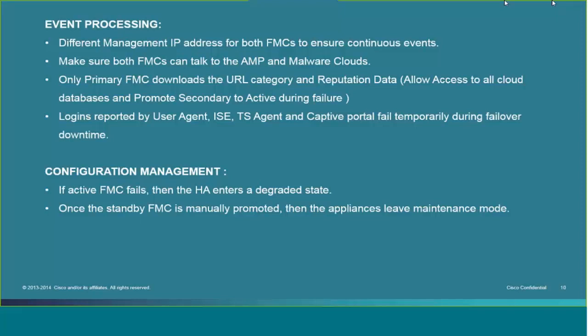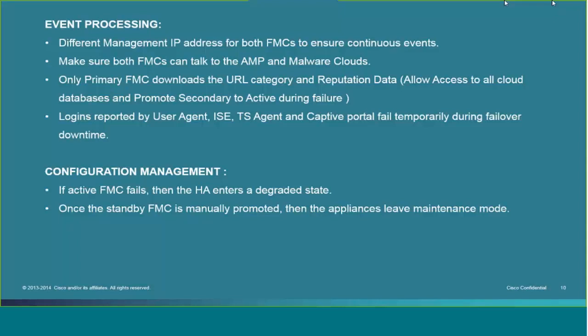But there is only one active at any given time, and unless there is an issue, the other unit will always be in standby. Since they have two separate management IP addresses, we need to make sure that all the communications that need to be permitted out of the FMC's management interface are replicated on both ends.